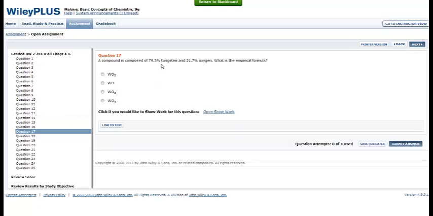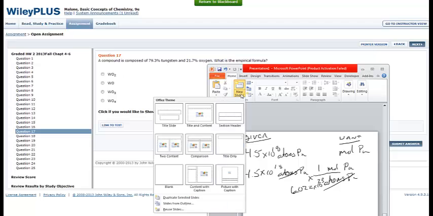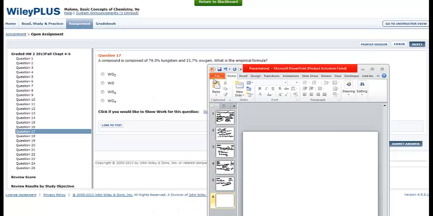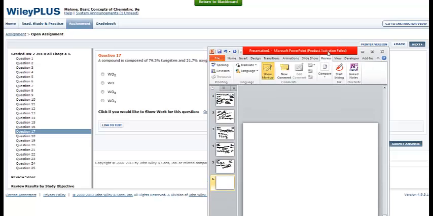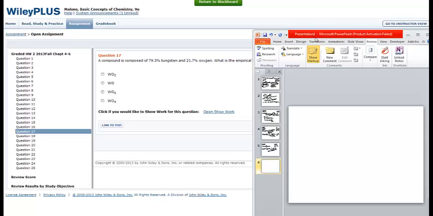A compound is composed of, now we're moving on to these percent by mass problems. A compound is composed of 79.3% tungsten, 21.7% oxygen. So in this case, I'll move this over here so we can write down what we have.